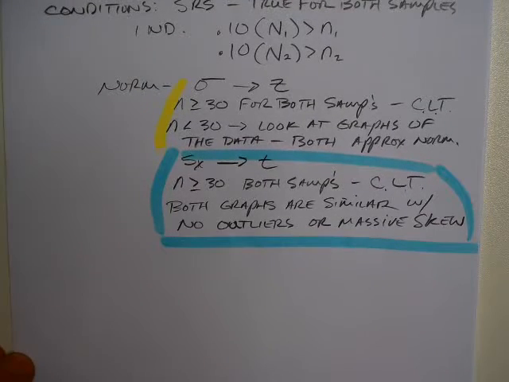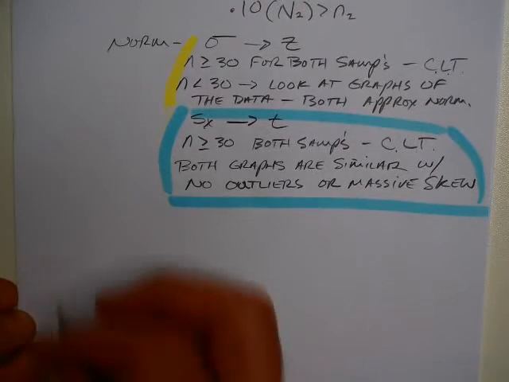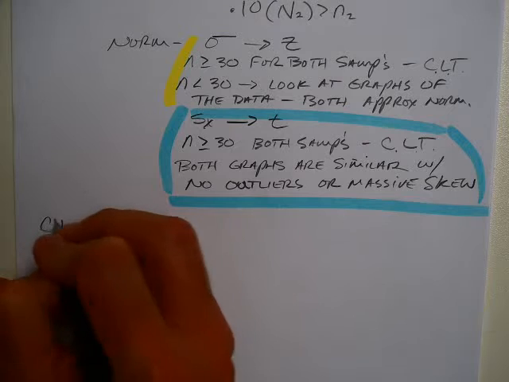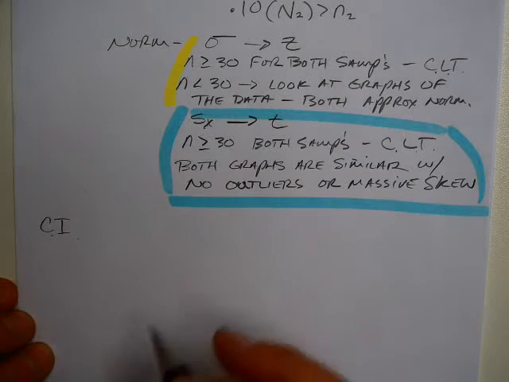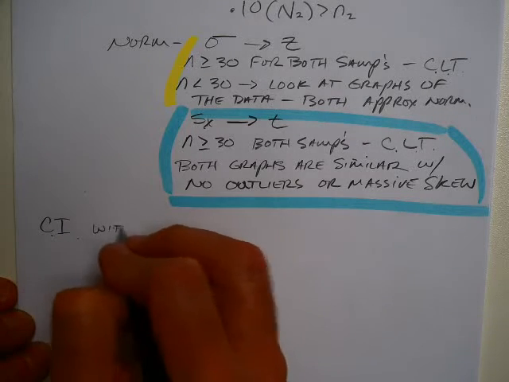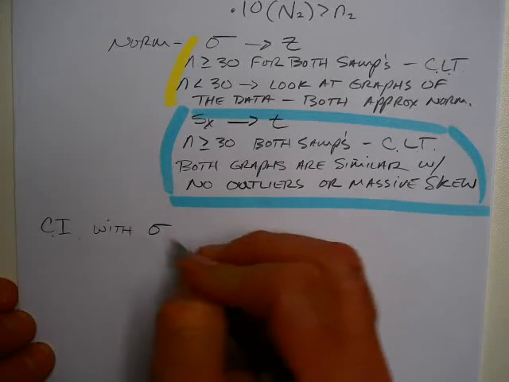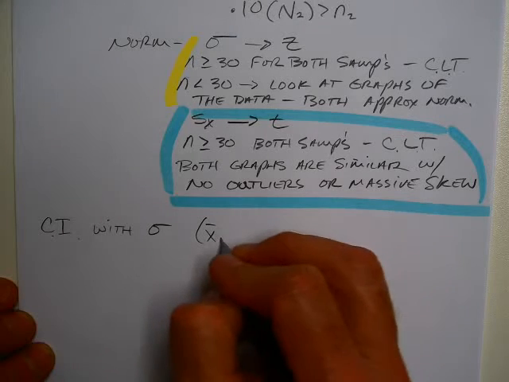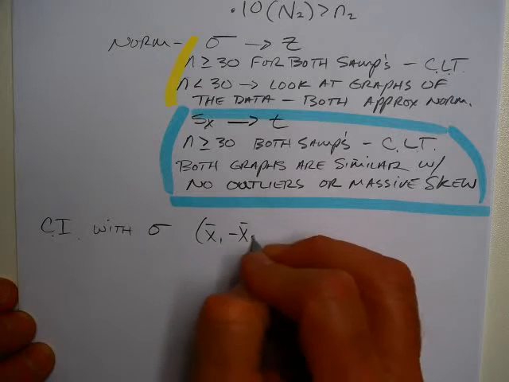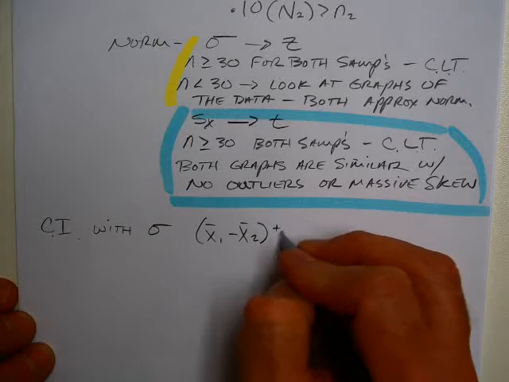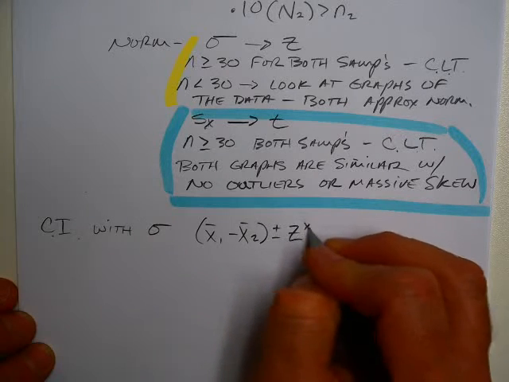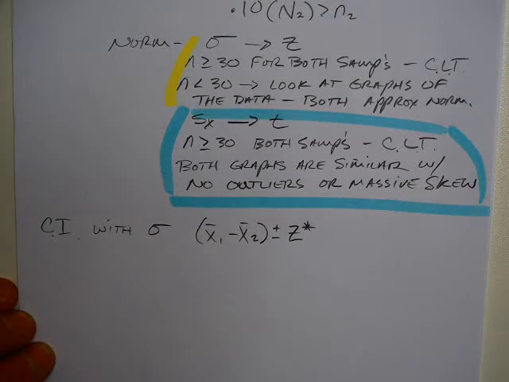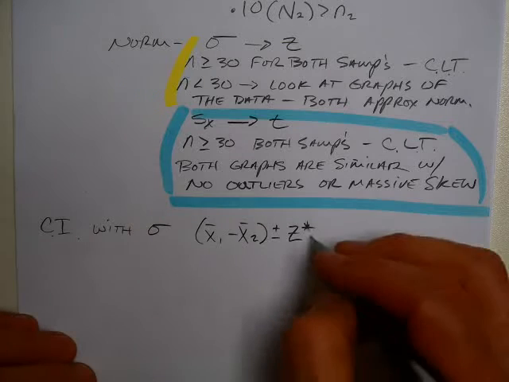We've got to meet the conditions. Then we have our calculations. So the confidence interval with sigma is x bar 1 minus x bar 2 plus or minus z star times the standard deviation for the difference of means.